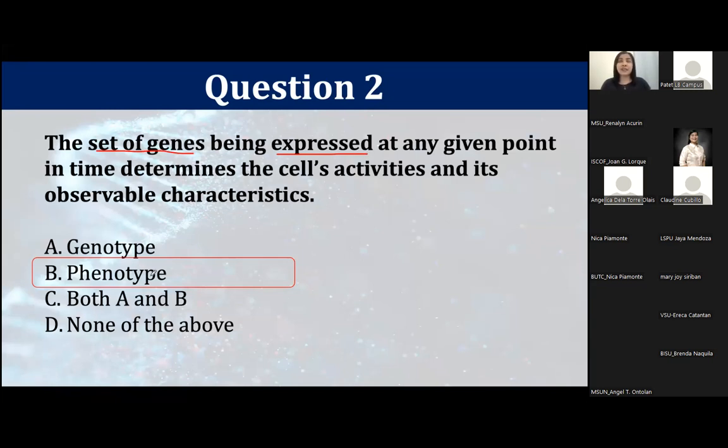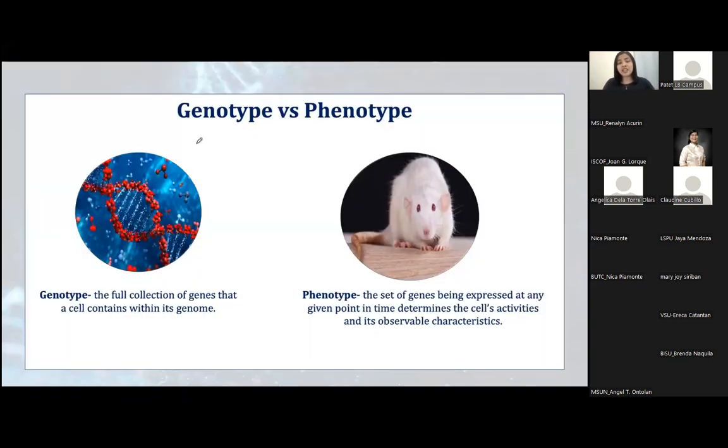Parang ito, for example, you have this set of genes na that will express na kulot yung buhok mo. So yung sequence na yun, for example, ACTGGGCA, ganon. Now, yung kulot na na-express sa'yo, that is the phenotype. Okay? So, here is genotype versus phenotype.